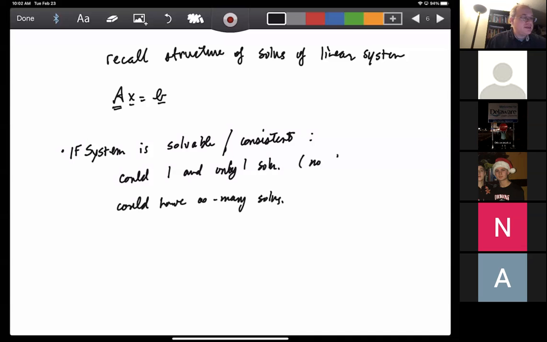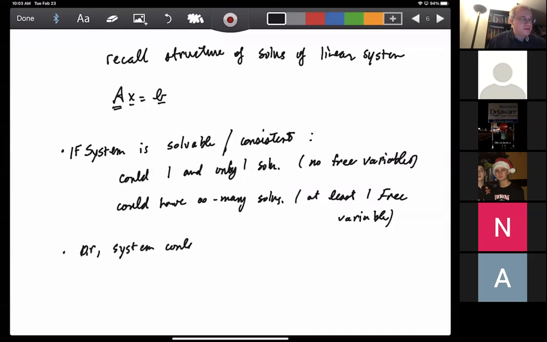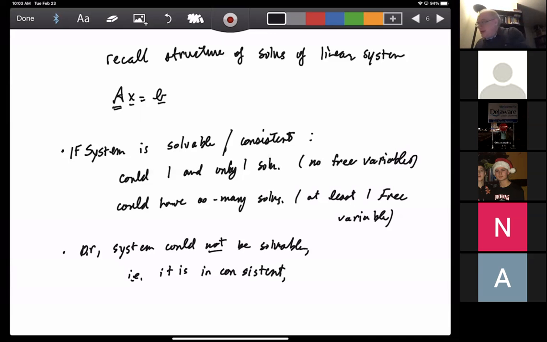If there's one and only one solution, that means there's no free variables. If there's infinitely many solutions, that means there's at least one free variable. There may be more. And the system could be inconsistent. There could be no solutions. Okay, so that's what's going on, and you can see exactly what's going on in terms of the Rref of the system always.